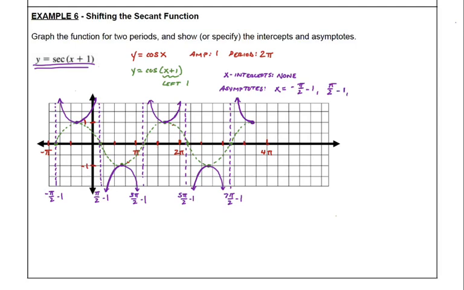And then my third one would be 3 pi over 2 minus 1, and then 5 pi over 2 minus 1, and 7 pi over 2 minus 1. So those are the vertical asymptotes of my secant function, which were the x-intercepts of my cosine function.